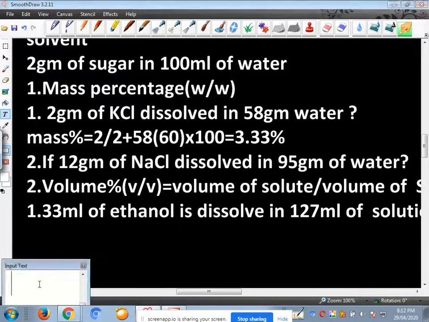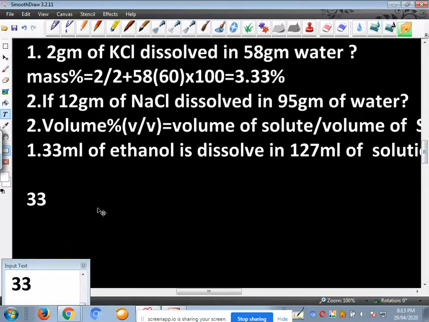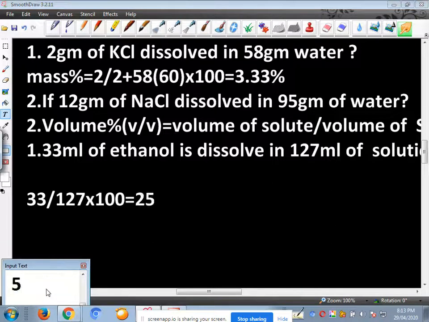The formula is volume of solute, that is 33 ml, divided by volume of solution, that is 127, into 100. That will be equal to 25.9 percentage. So the volume percentage is 25.9 percentage. Please do not forget to put the unit, that is percentage, since we are calculating in percentage.